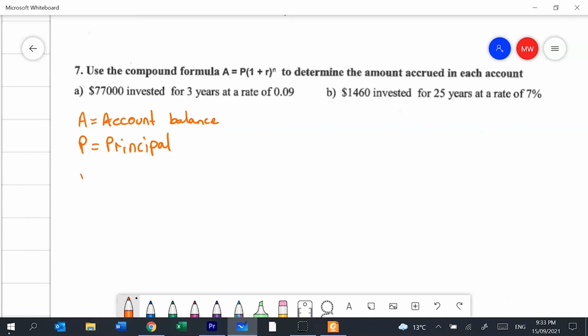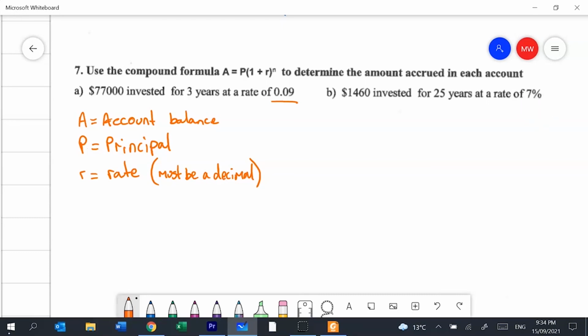And then R is the rate. This one's tricky. You've got to be careful. It must be a decimal, okay? So you can see in the first question here that they've given it to you as a decimal, but in the second question, they've given it to you as a percentage, so you have to turn it into a decimal before you're allowed to use it. So we'll get to that in the second question.